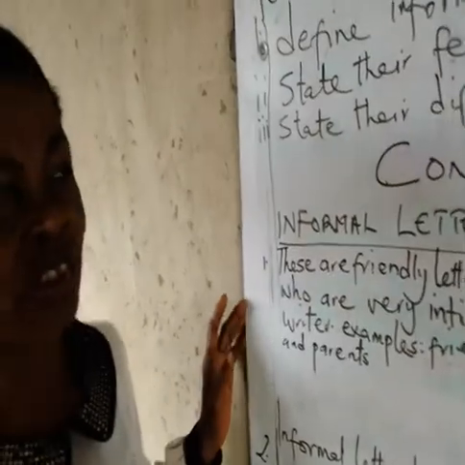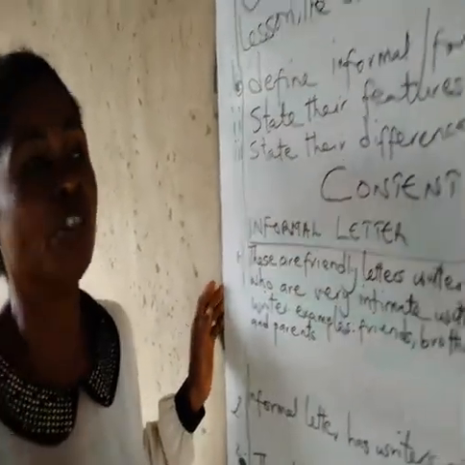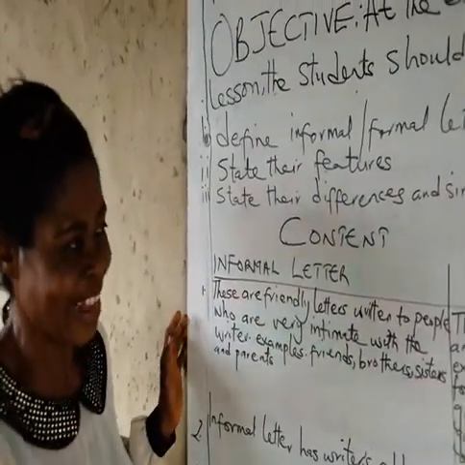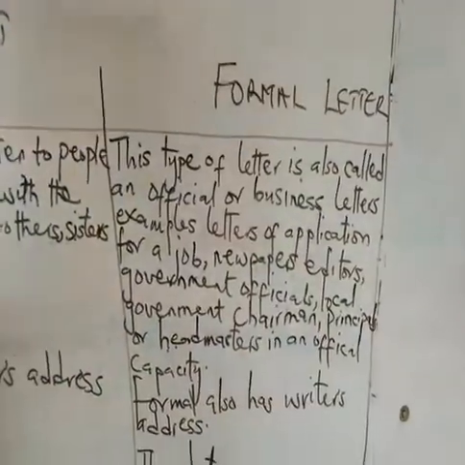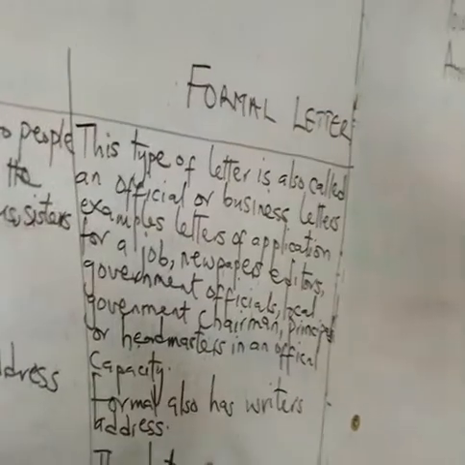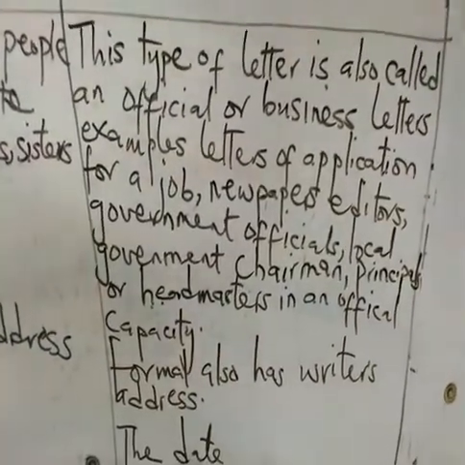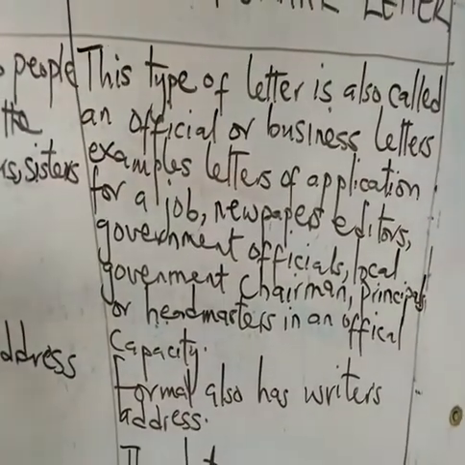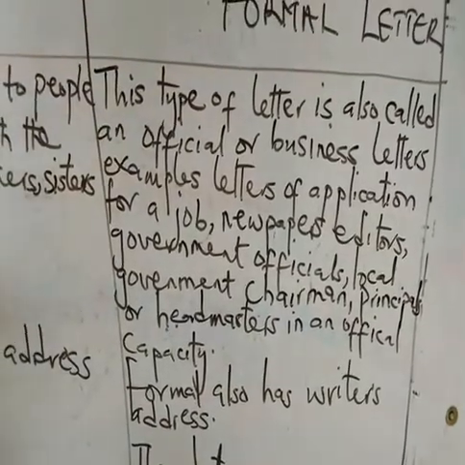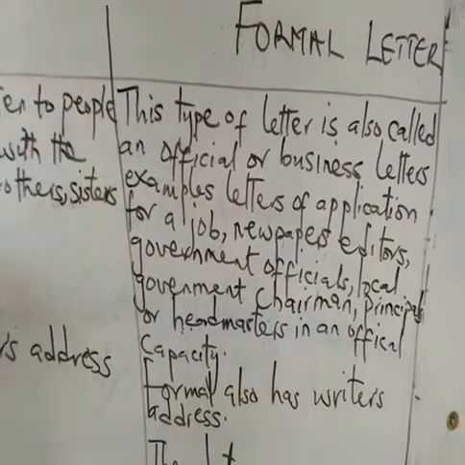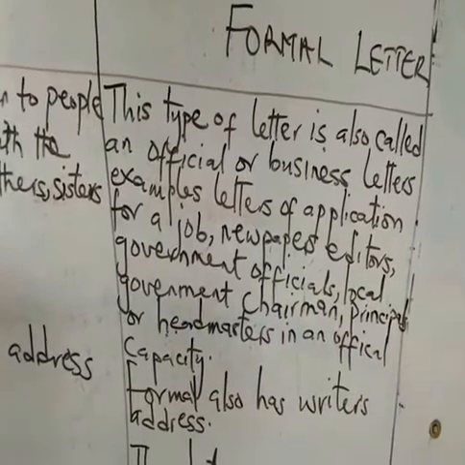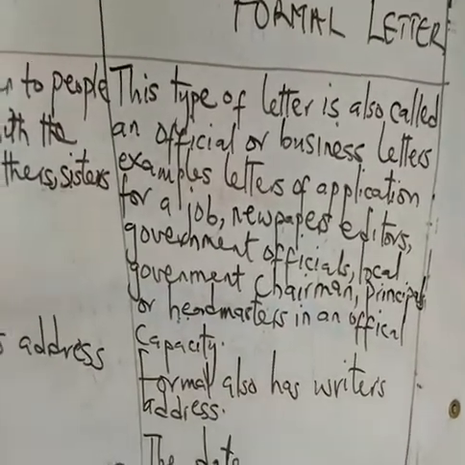Formal letters also have the writer's address. If you decide to use slanting form, use it. If you decide to use block form, use it. But it must be well punctuated. It carries 5 marks or 10 marks in external exams.